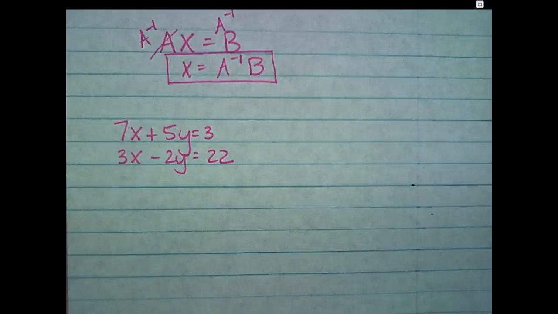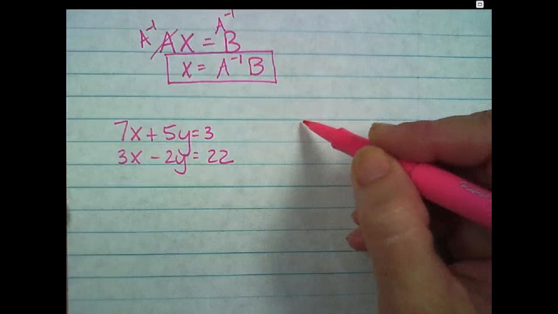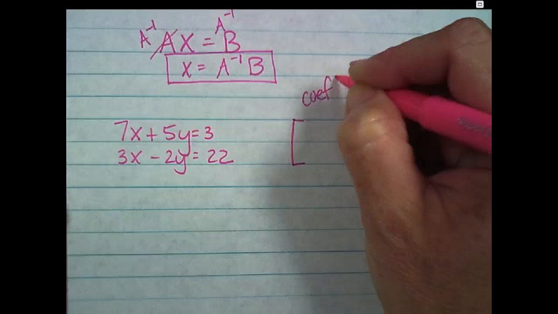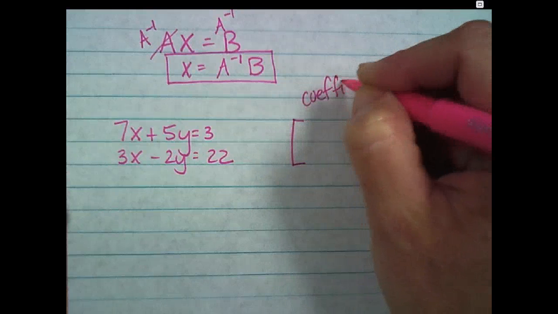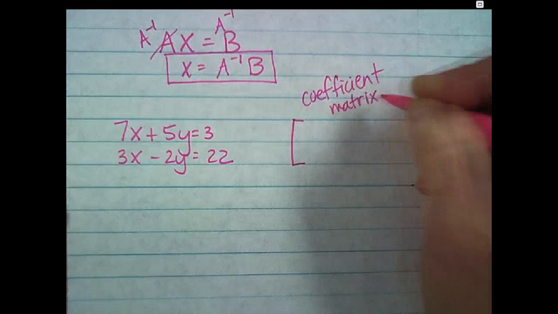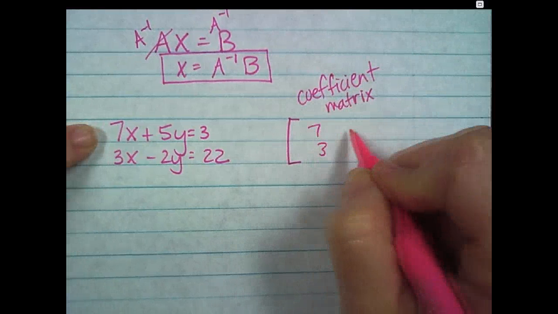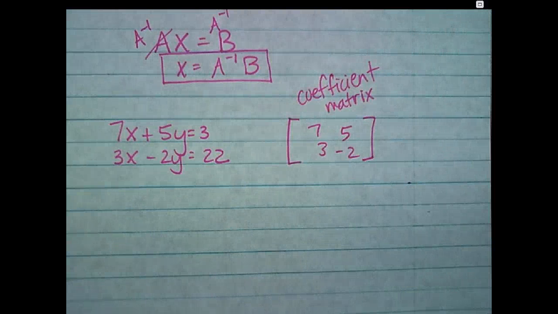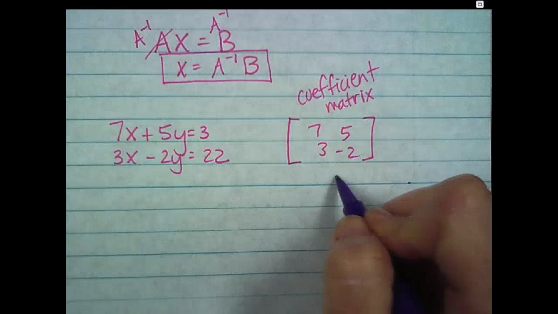There are 3 parts to setting it up. The first part is the coefficient matrix. It's made up of all the coefficients, 7, 3, 5, negative 2. And we would classify that as the A.